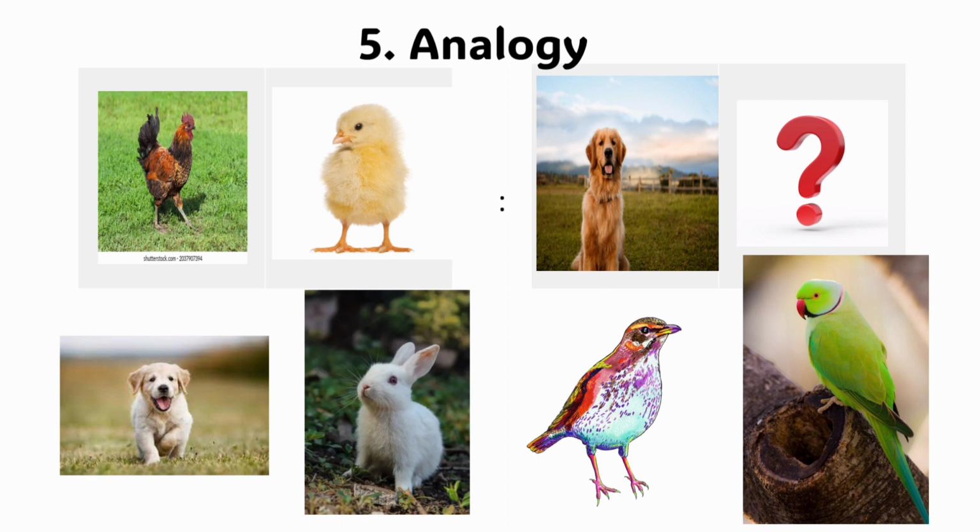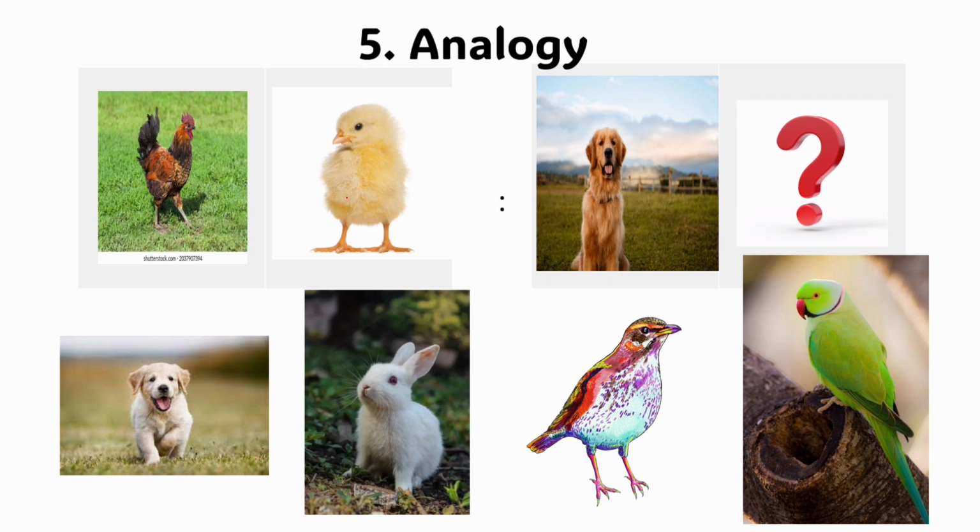Next one is analogy. In analogy we have to analyze what is happening, what changes are happening, and then apply the same. See here, in the first set of figures we are having two figures, one is cock and the other is chick, and here we are having dog and asking what next. So if chick is for cock, then what is for dog?